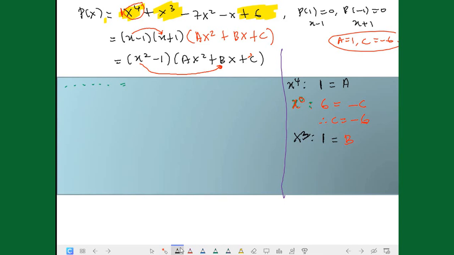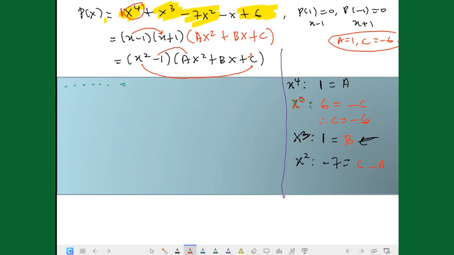Rasa macam tak confident. Try x^2. Okay, bagus double check untuk b ni. X^2, yang ini negative 7. Mana yang produce x^2? Ini kena bahaya sikit. Kena tengok betul-betul. Yang ini x^2, negative a.